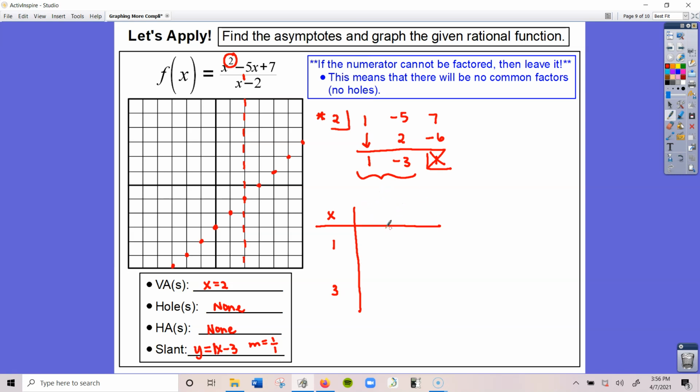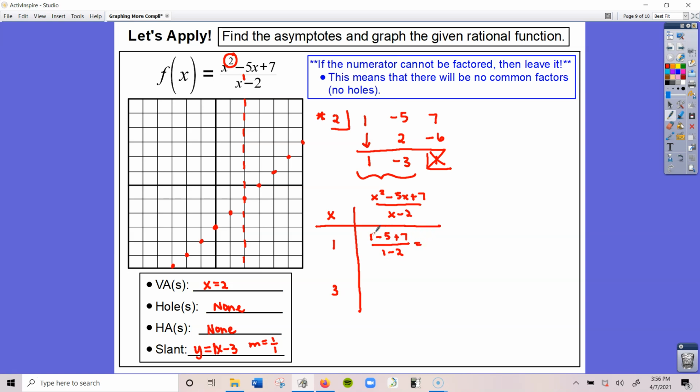My equation was not able to be simplified, so we're going to use the original, which is (x squared minus 5x plus 7) over (x minus 2). So we plug in the 1 into the equation. We get 1 squared, which is 1, minus 5 times 1, which is 5, plus 7 over 1 minus 2.